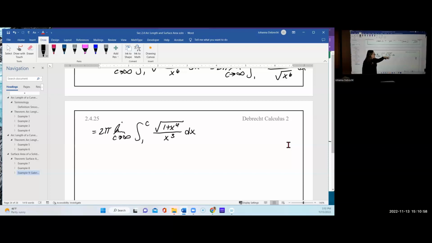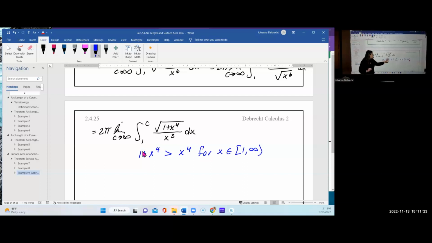So the fact of the matter is, I know that 1 plus x to the 4th, and I'm erasing as I write again, has to be greater than x to the 4th for x in 1 to infinity. So the square root of 1 plus x to the 4th is greater than the square root of x to the 4th.